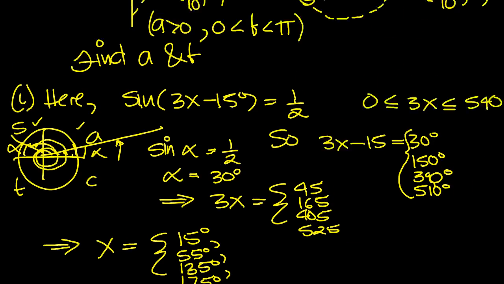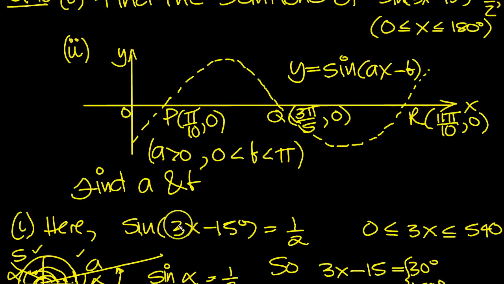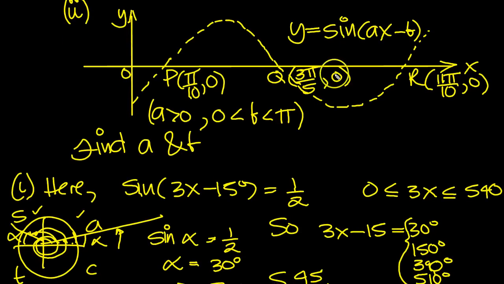Now we'll do part 2. Let's look at it from the diagram. This is sine(ax minus b), isn't it? We know it goes up and down and up. That's one full period. How long does it take to do that?